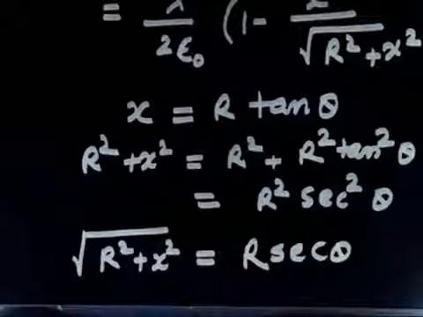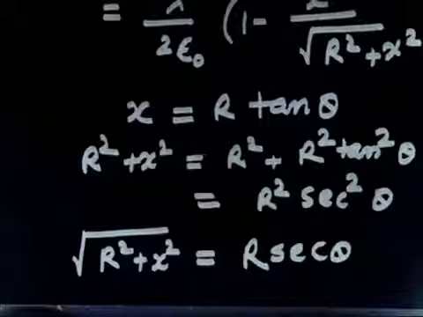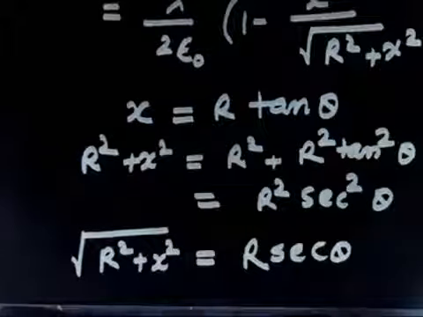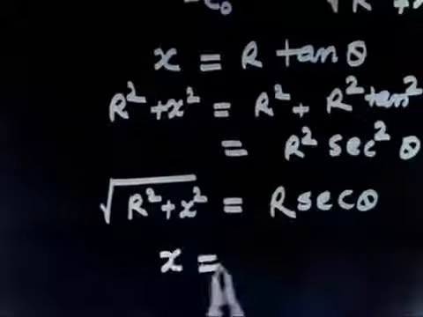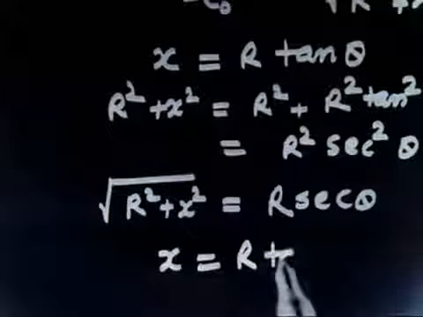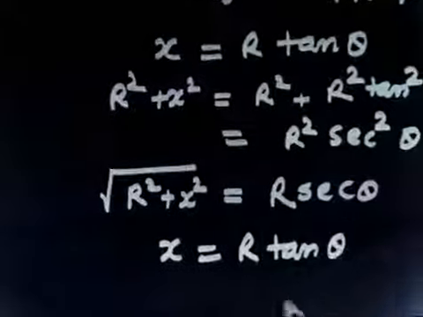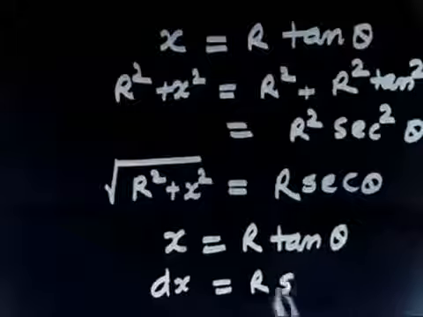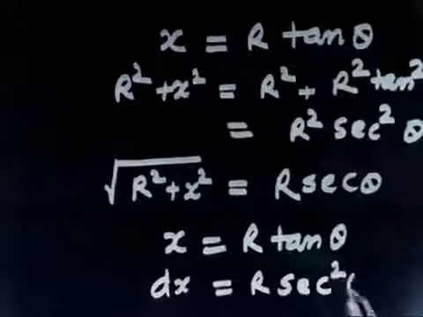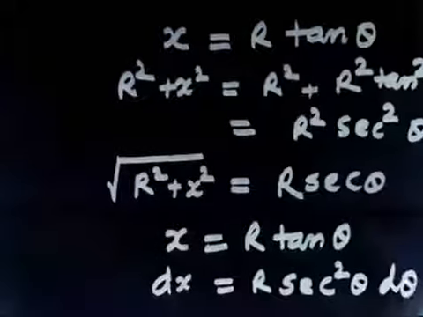Are you getting? Now for dx, I have x equals r tan theta, so dx will be r times the differentiation of tan theta, which is sec square theta d theta.